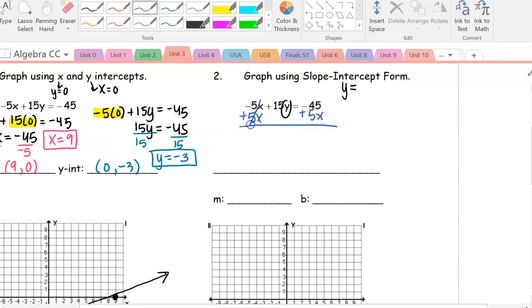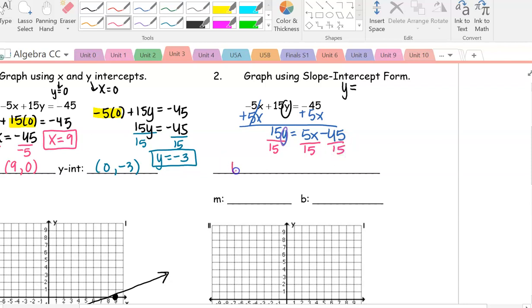And we'll get 15y equals, remember, now that we're in slope-intercept form, ideally you want to put your x first. So if you put negative 45 plus 5x, it's fine, it's not wrong, but we want to start putting x first. So it's a positive 5x minus 45. And then we are still solving for y, so we will divide by 15.